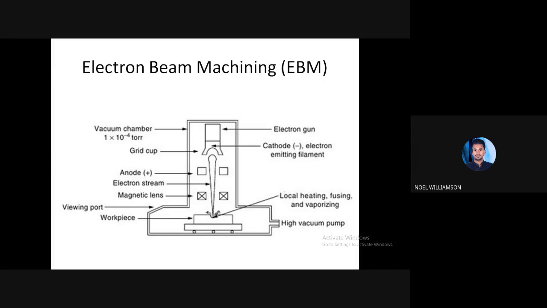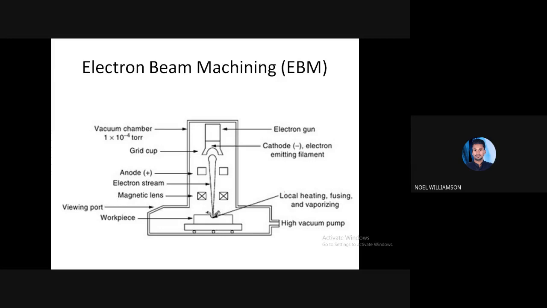Now regarding the electron beam machining, how is it being done? This is also a material removal process, where high velocity focused electrons, a stream or beam of electrons, are used to machine or remove the material. How is it being removed?